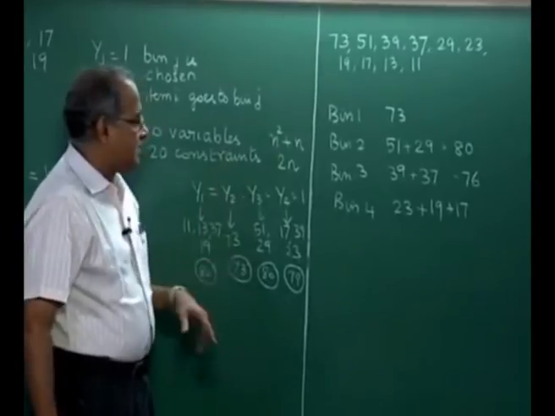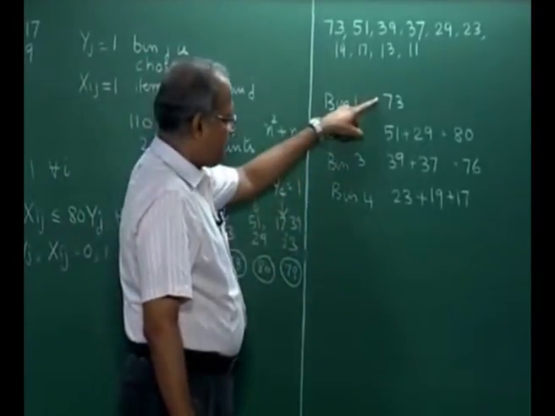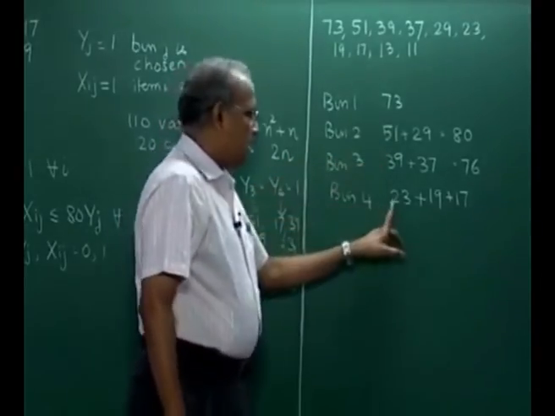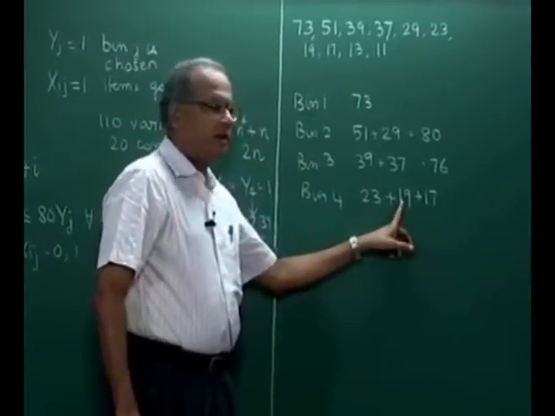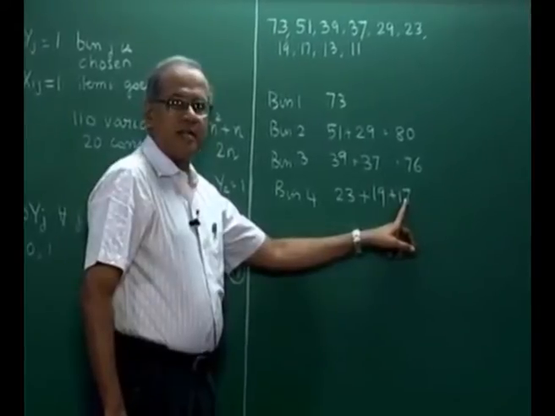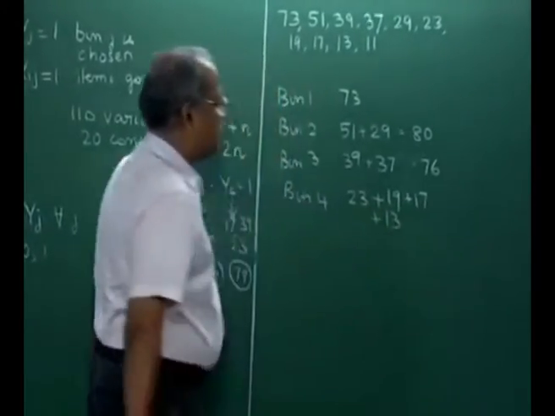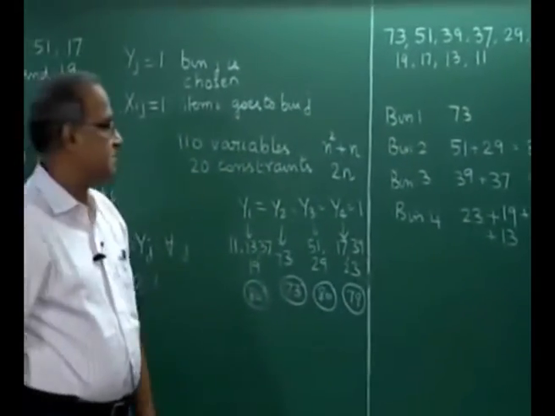Now, look at the 13, it will not go into these bins. Here it is 23 plus 19 42, 42 plus 17 is 59, 59 plus 13 is 72, so it will go into this bin.